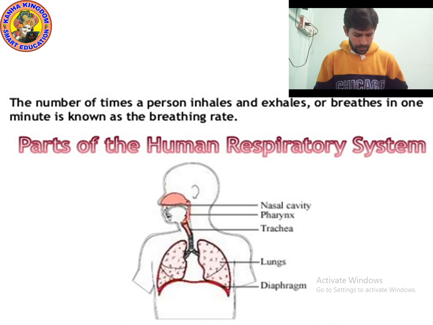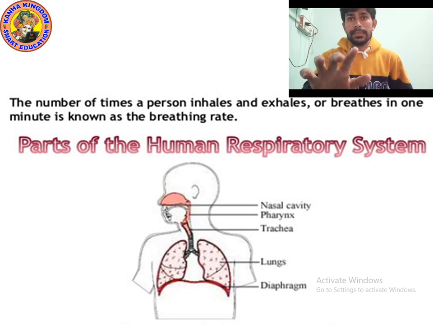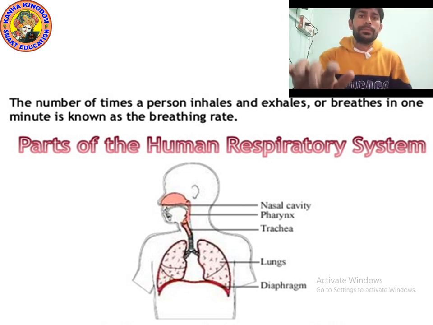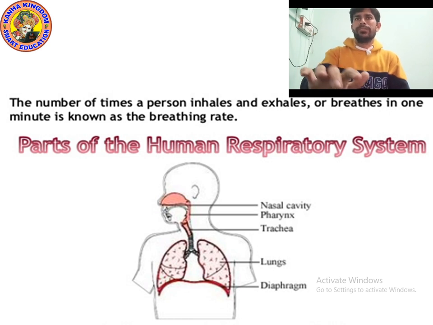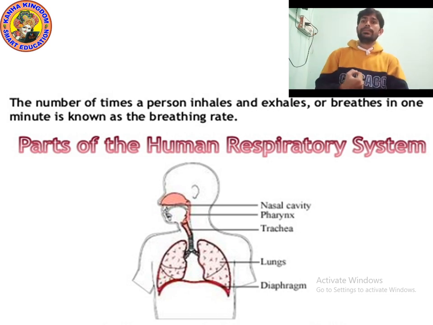As you know, the first part of the respiratory system is the nose. There are different parts of the nose: nostril, nasal cavity, which means nasal passage. Then the second part is the trachea. Trachea means windpipe, which is also known as the windpipe.